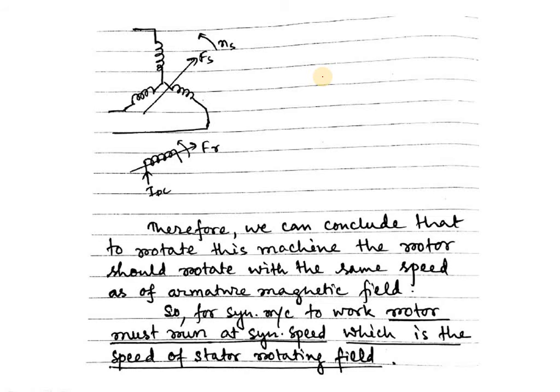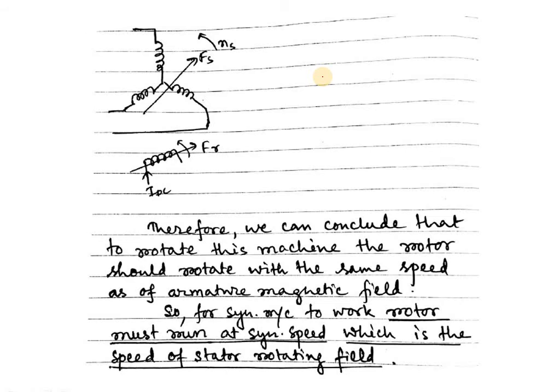So therefore we can conclude that the rotor should rotate with the same speed as the armature magnetic field. For a synchronous machine to work, the rotor must run at synchronous speed, which is the speed of the stator rotating field.